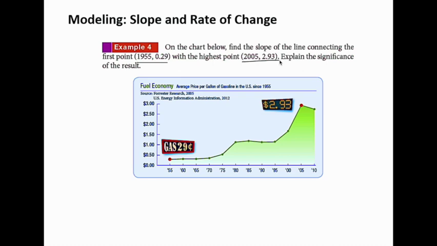It's going to actually represent something that we can interpret. So we're going to take 2.93 and subtract 0.29. And then we're going to divide that by 2005 minus 1955.